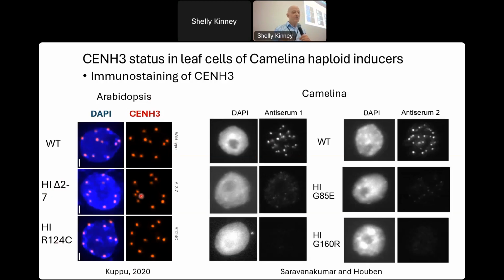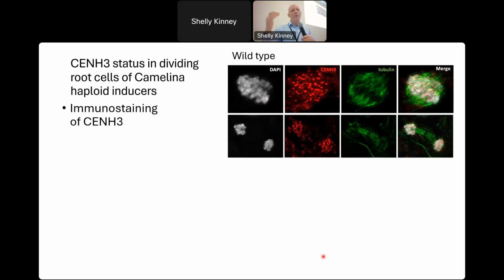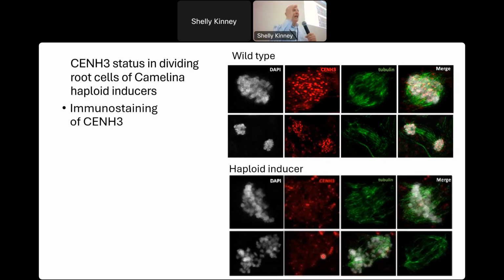Well, in Camelina, the situation is different. We see it in wild type, 20 chromosomes, and then in the two haploid inducers, even in leaves, where we would expect to see this, there's very little SNH3 or none at all. In cell division, very little SNH3. I'm not going to take you through this, but essentially it shows that SNH3 is localized on centromeres very efficiently in a root division, and here you can hardly see it.